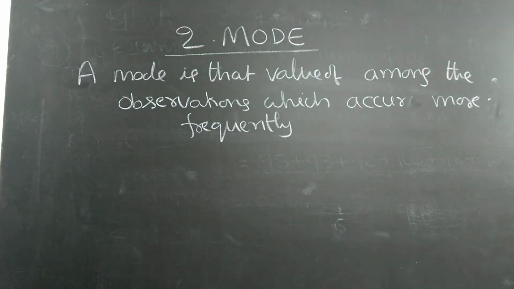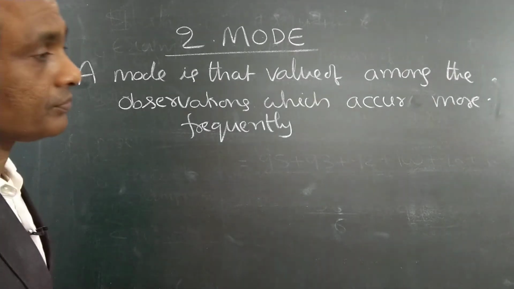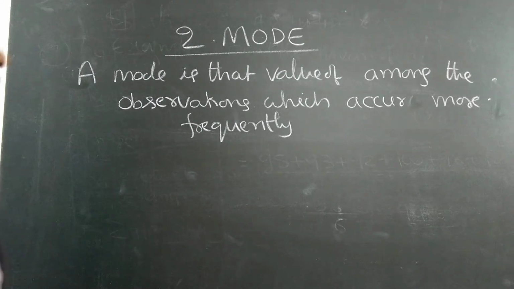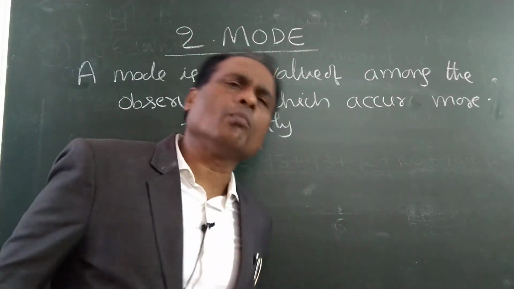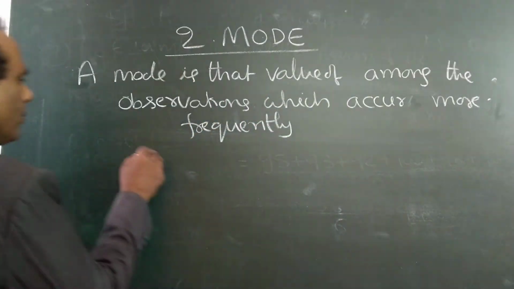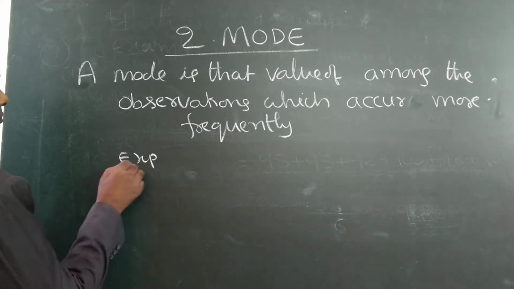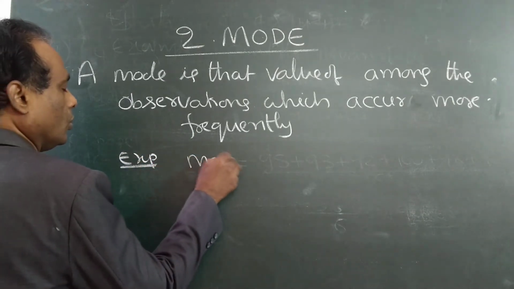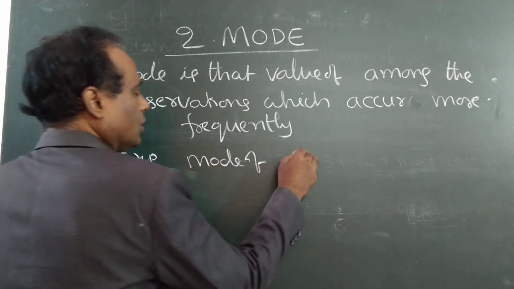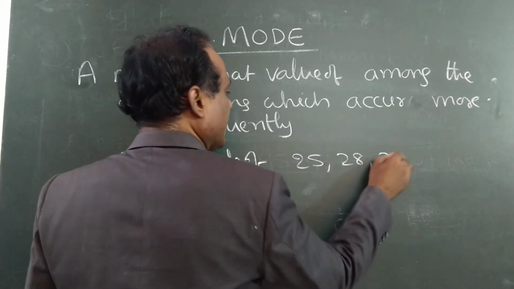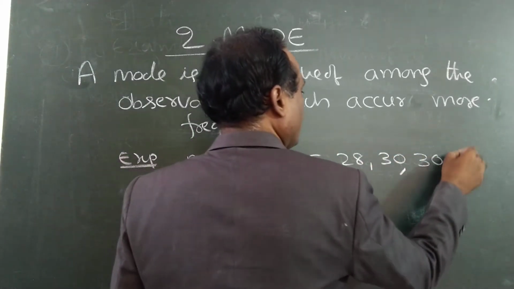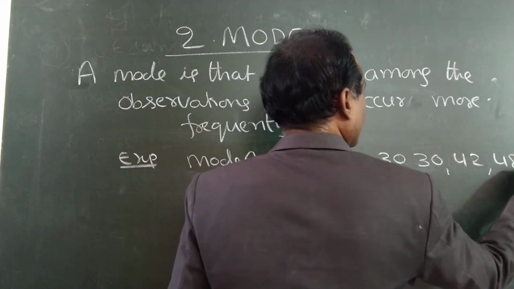Mode is that value among the observations which occur more frequently. In the given data, whichever is occurring more times, that is the mode. Example, see here. Mode of 25, 28, 30, 30, 42, 48, 50.